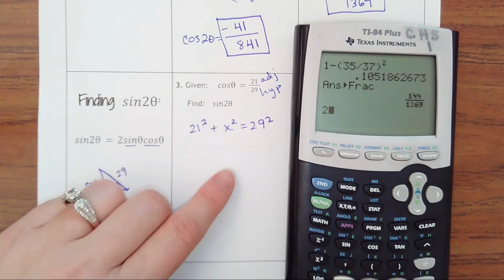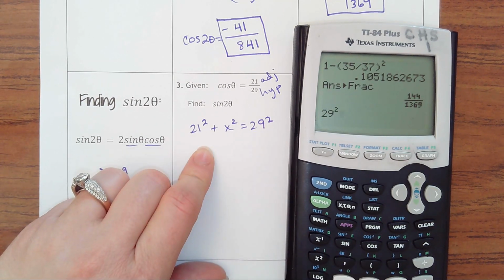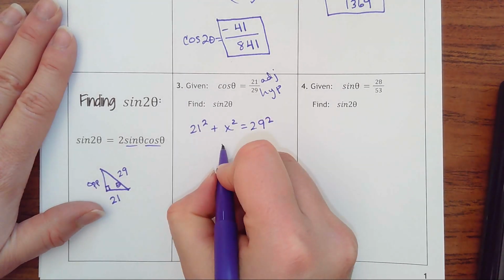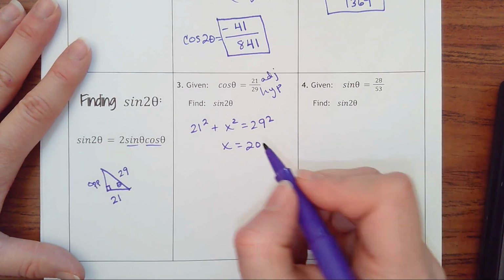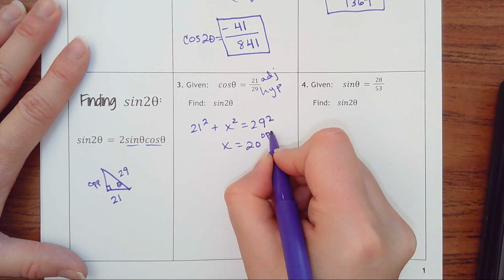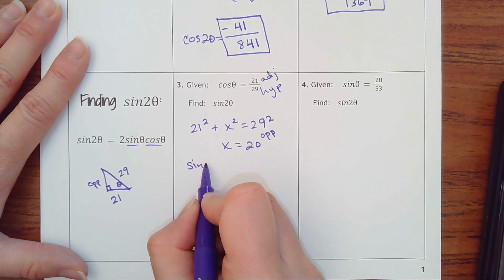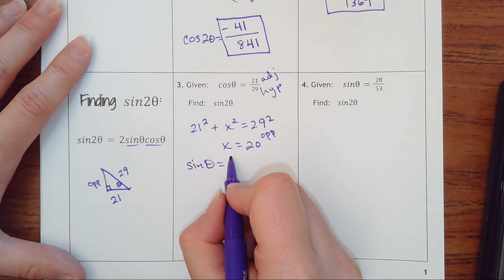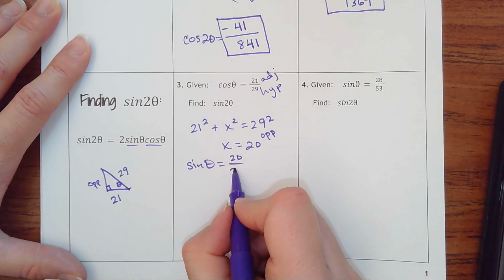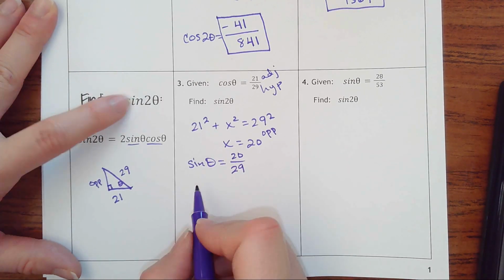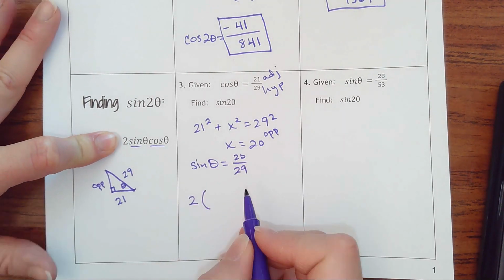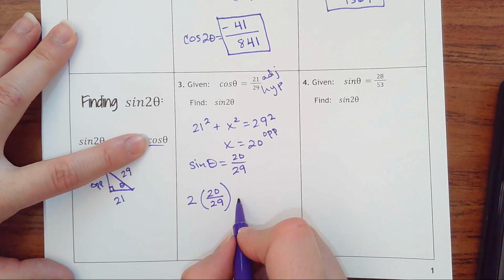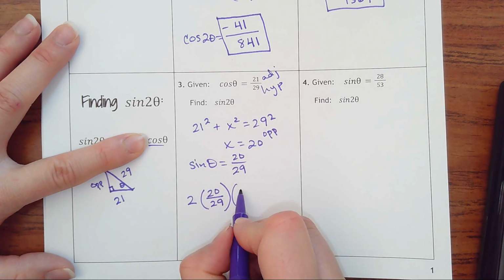We should be really good at doing Pythagorean theorem by now. The square root of 400 would be 20. So that is now my opposite. Sine of theta is going to be my opposite, 20, over the hypotenuse, which was 29. Now I can use the formula: 2 times my sine ratio times my cosine ratio, which was given above, 21 over 29.